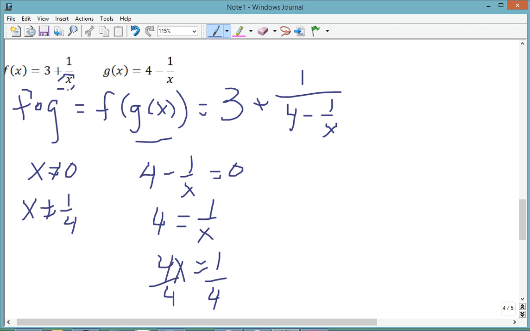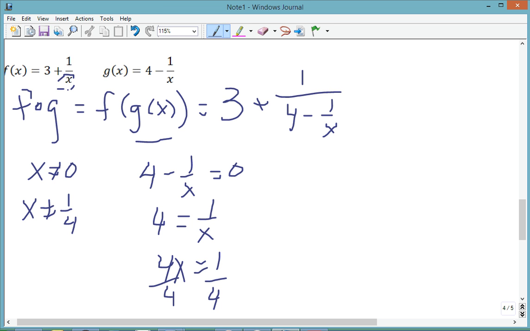Well, because I had an inequality last time. So I had a greater than. And remember that I can't multiply by a variable when it's a greater than. But I can when it's an equal to. It doesn't matter if x is positive or negative. It doesn't change anything. So in this case, these are my two numbers that don't work in the domain.